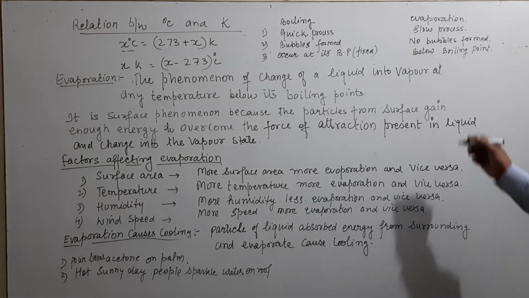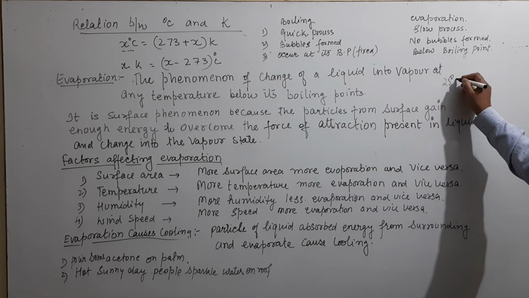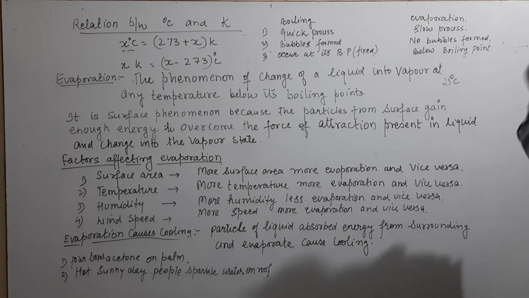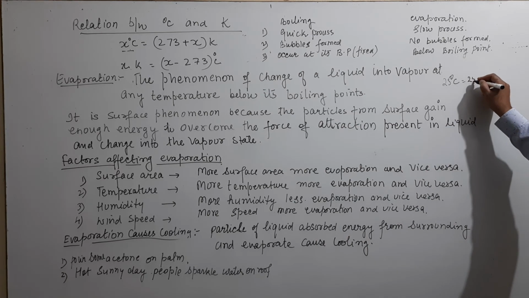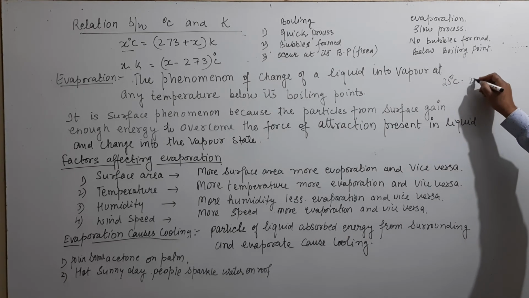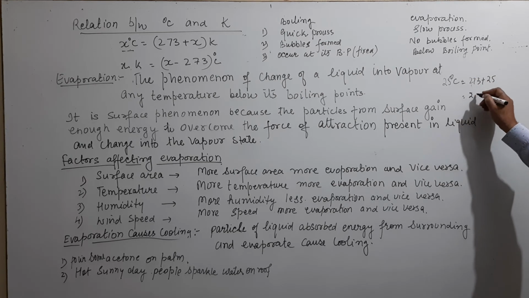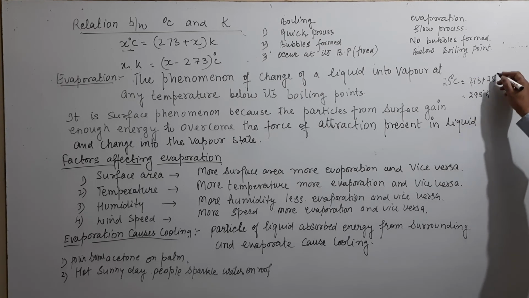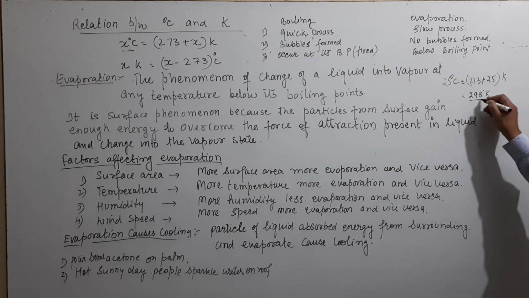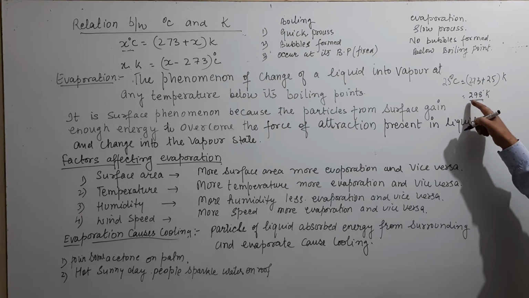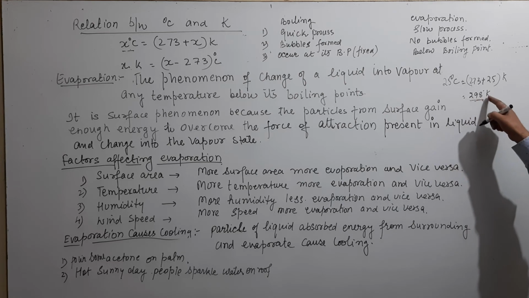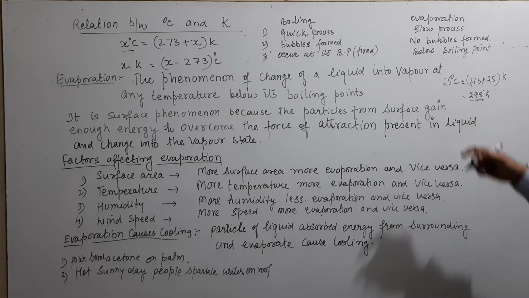And what is the state at 25 degrees Celsius? What is it converted into Kelvin? So what will be the answer? 273 plus 25. The answer is 298 Kelvin, which is equal to 25 degree Celsius.